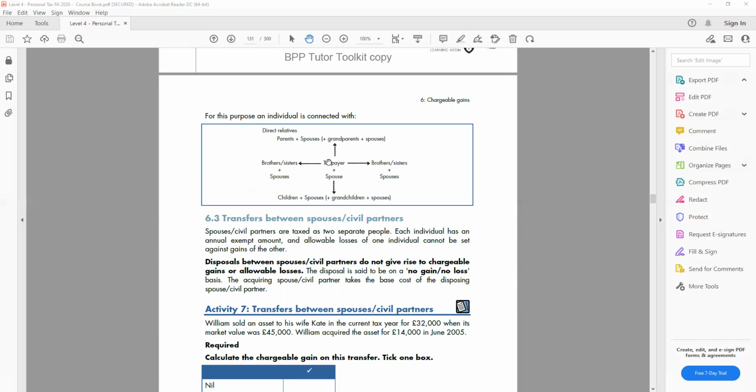So these all are your connected persons. You have to remember who your connected persons are from the taxpayer. And that's when you always have to use the market value. If it is a connected person, you are not allowed to use the sales value. You will have to use the market value, because you might give a discount or charge them less for that reason.